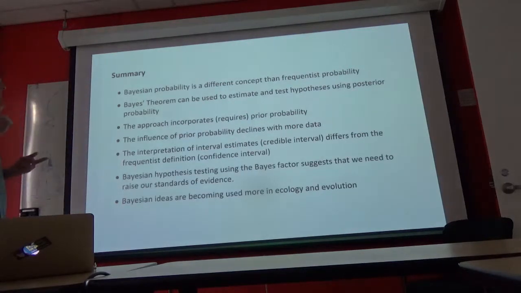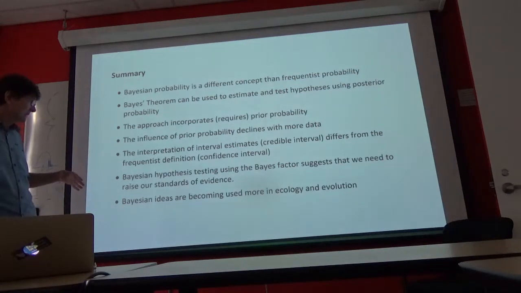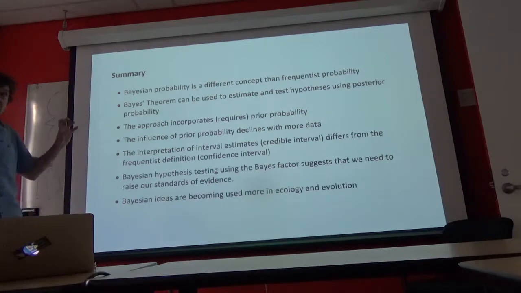Summary. Bayesian probability is different. Bayes' theorem can be used to estimate and test hypotheses under this alternative framework. It requires prior probability. The influence of the prior declines with more data, so get a lot of data, whatever you use. The interpretation is different because the definition of probability is different, such as the interpretation of a 95% confidence interval or credible interval.